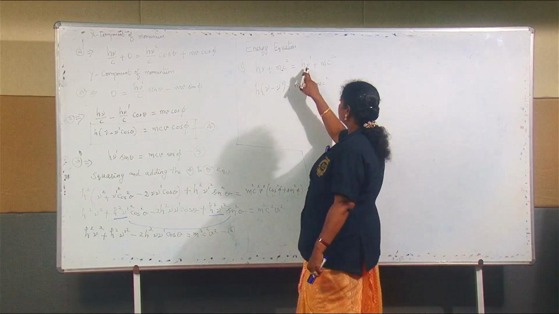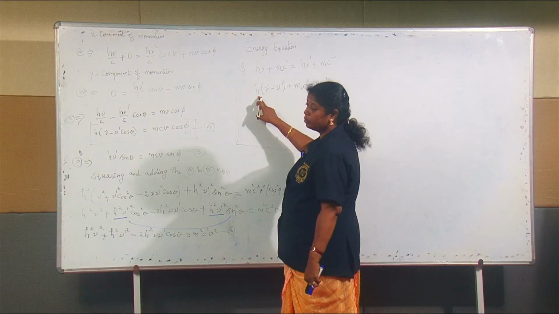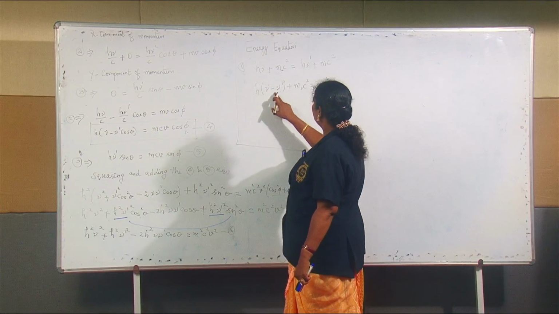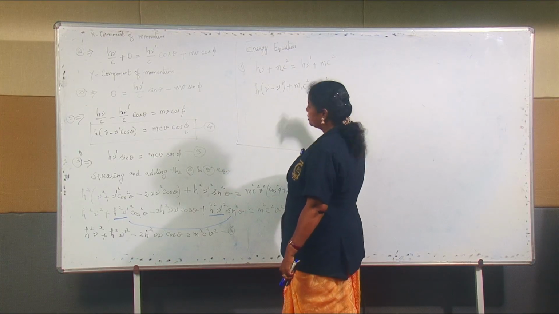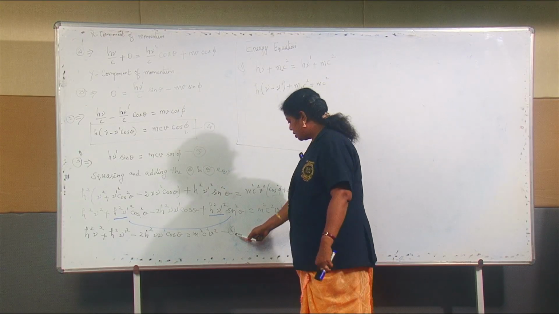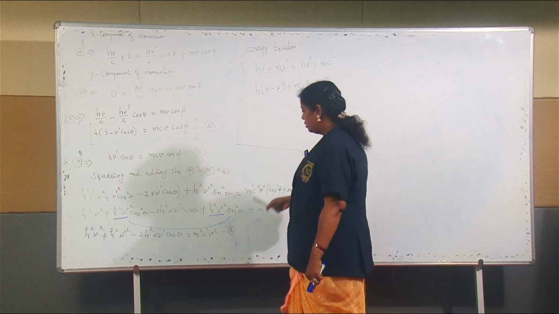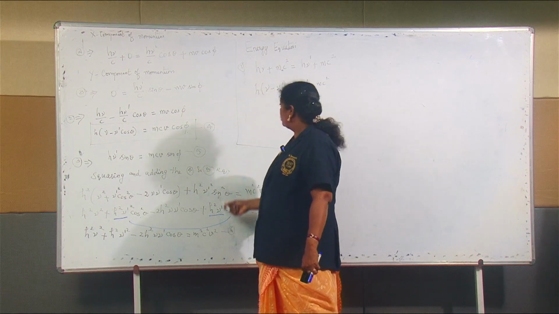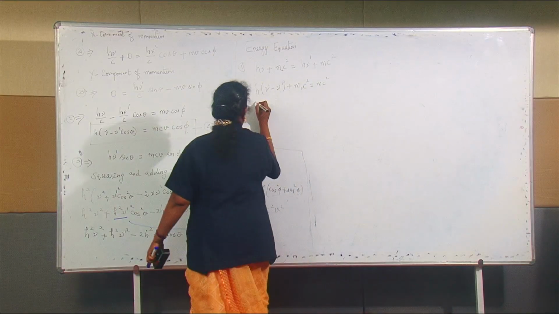What I had done is, bringing this side we get minus, and h is the common term, so we can take it outside. So, h into (ν − ν') plus m naught c squared is equal to m c squared. And if we compare this equation and the sixth equation, here we have only m c squared, but here it is m squared c squared. So, we can square on both sides.